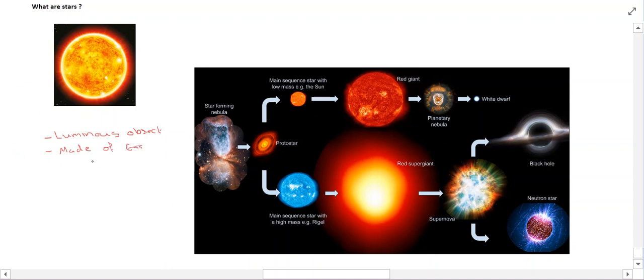It's made of gas, and it can produce its own light. And it can also produce its own heat by what are known as nuclear reactions.